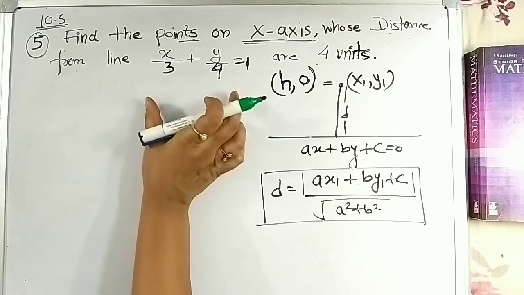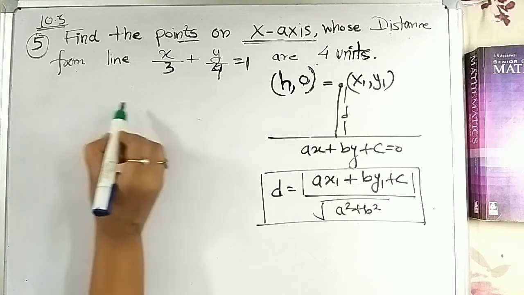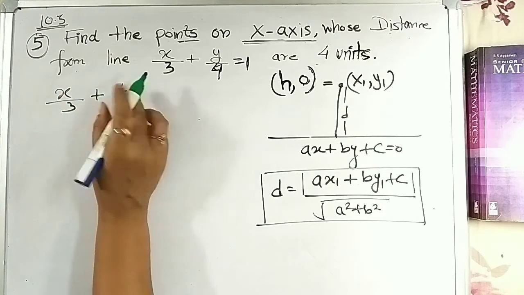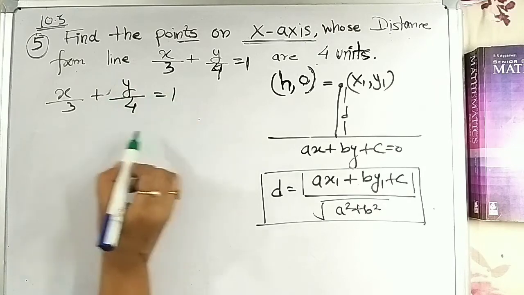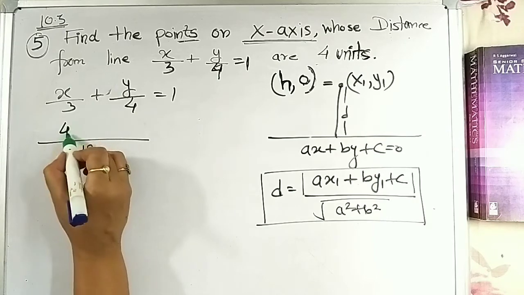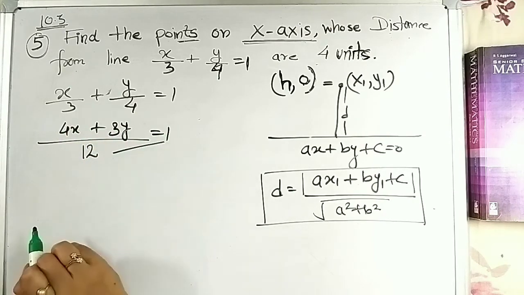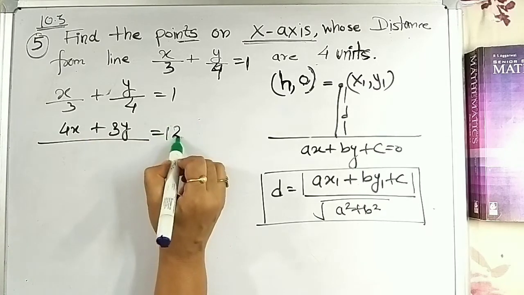Okay, so let me first convert this into standard form. So this is x by 3 plus y by 4 is equal to 1. Can I take LCM? 12. So 4x plus 3y is 12.